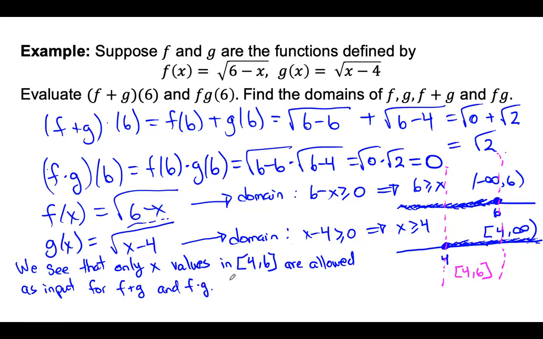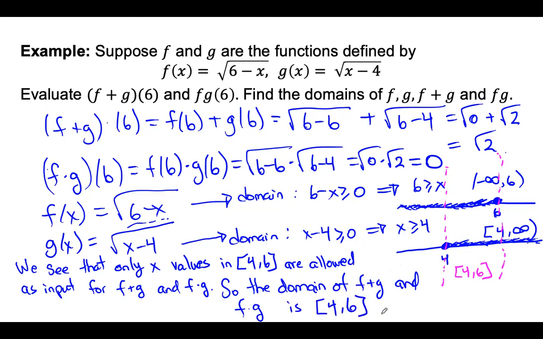So the domain, therefore, of f plus g, and I'm just going to combine them, is 4 to 6. Okay, good.